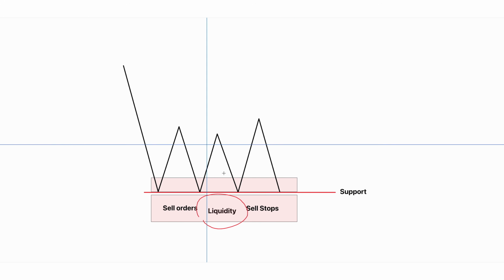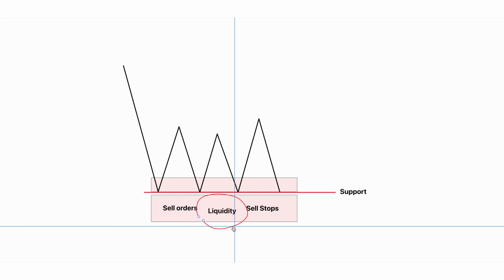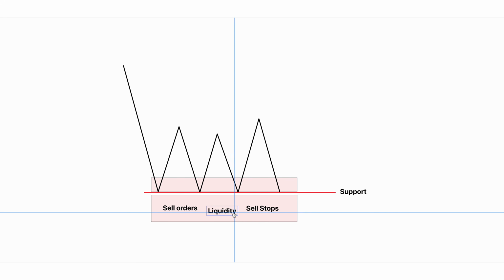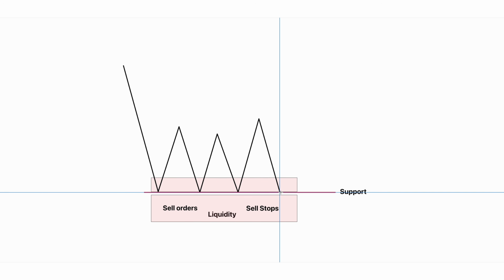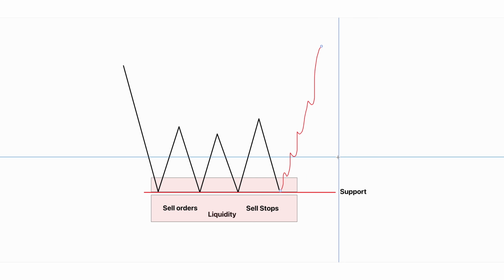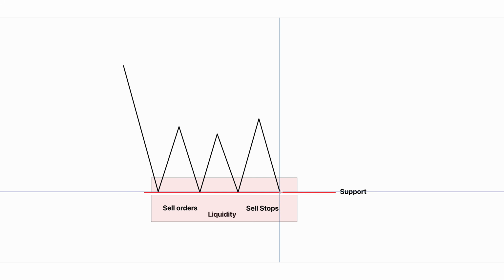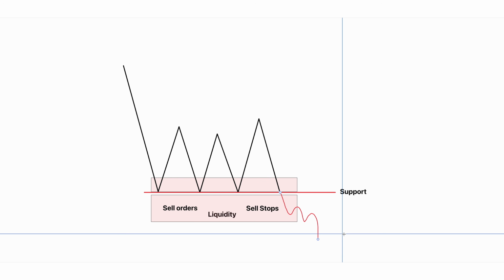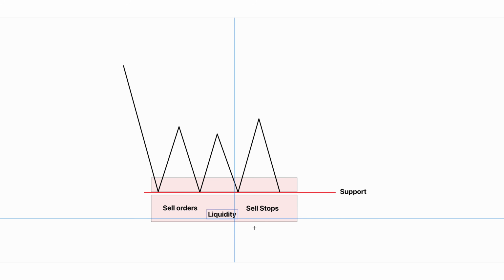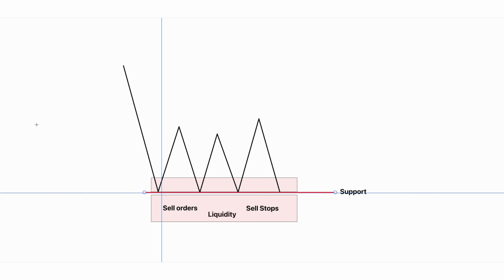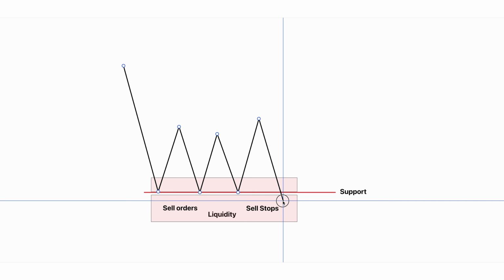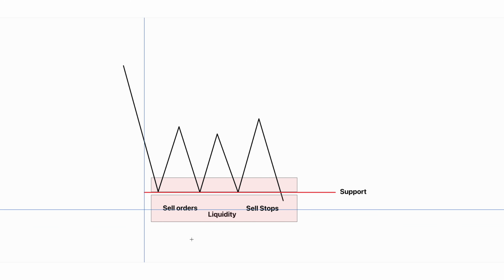Now, markets move up and down based on the buying and the selling that's taking place inside of a market. We have lots of buyers in certain instances, and when buying is stronger than selling, markets go up. And we have lots of selling, and when selling is stronger than buying, the market goes down. But what actually happens when we reach into large areas of orders is basically large market participants have an opportunity to take the other side of the trade.